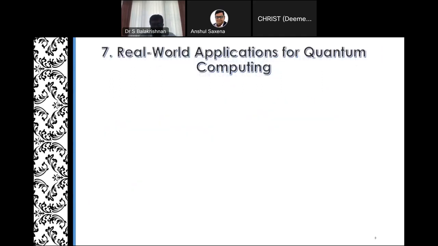And the next thing is, what are the real world applications of quantum computing? Whenever we're talking about real world applications, the exponential growth in computing power that comes with the development of a viable quantum computer looks set to revolutionize a wide range of industries and applications.